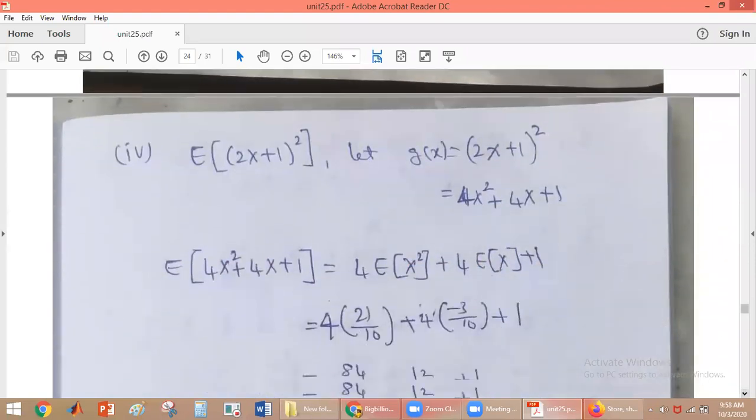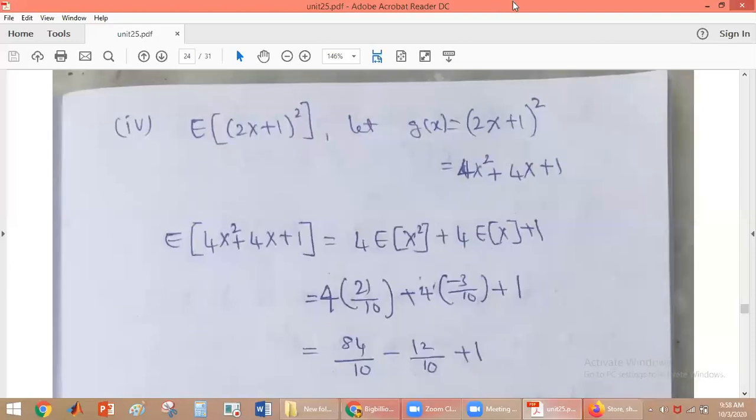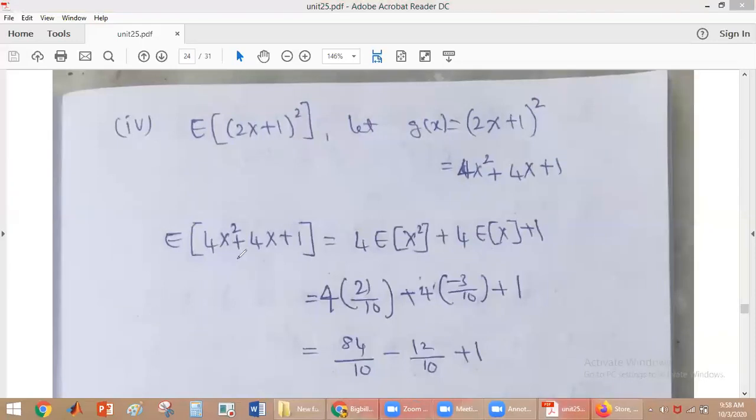So what is the expected value of 4x square plus 4x plus 1? Use the properties here: it is 4 into the expected value of x square plus 4 into the expected value of x plus 1.